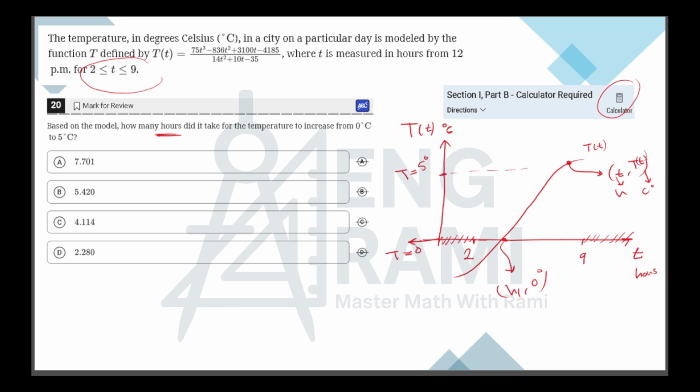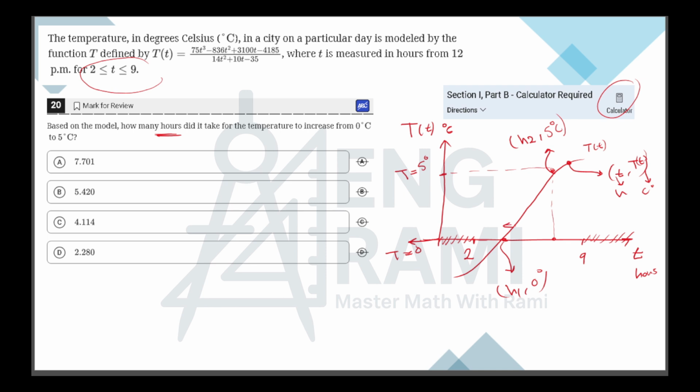And for this point, it should be somewhere in here. This is h2, I mean the time, and 5 Celsius degrees. So how many hours will it take for the temperature to increase from here to here?